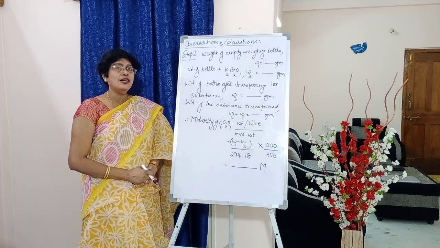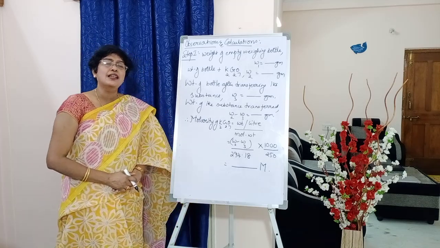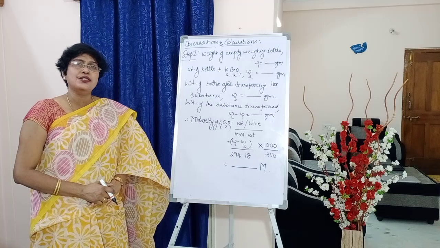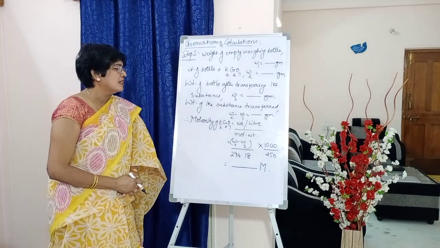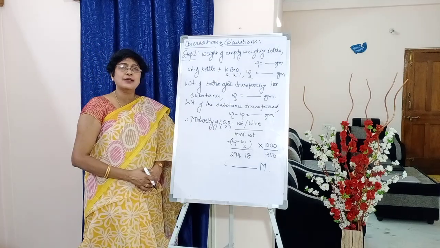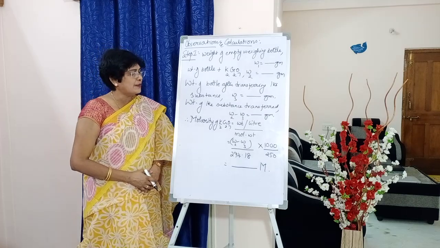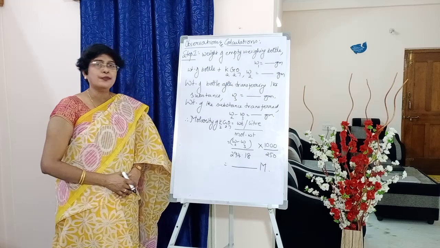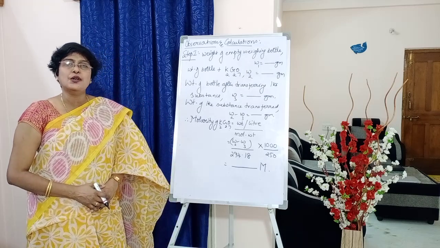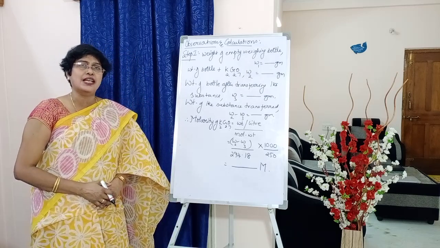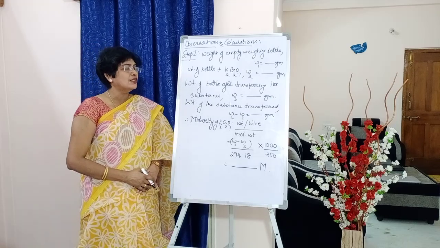Therefore, molarity of K2Cr2O7 equals weight by liter into molecular weight. So the weight we are supposed to take is W2 minus W3, so W2 minus W3 by 294.18, that is molecular weight of K2Cr2O7, into 1000 by 250.